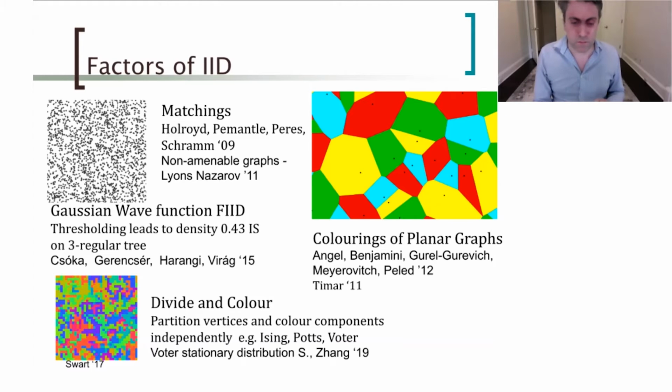So the Ising model and the Voter model, for instance, correspond to divide and color models. And what Steif wanted to know was, first of all, suppose this first step, the partition, can be realized as a factor of IID.